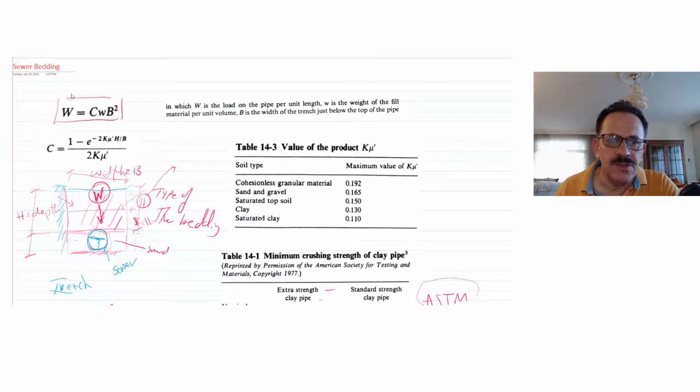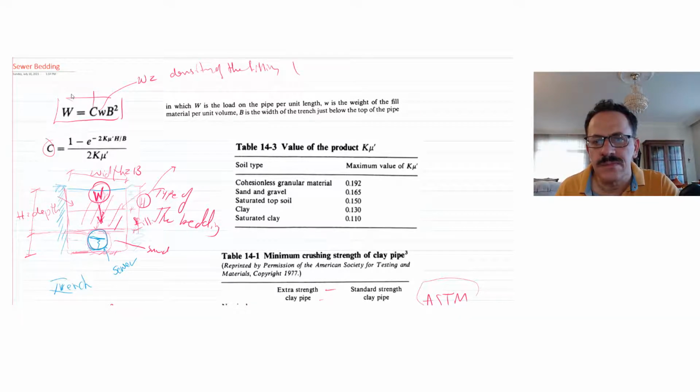It is equal to the C. Where is the C? The C is a coefficient times the omega, which is the density of the filling material. This depends on which kind of soil or filling material you are using to fill this trench.